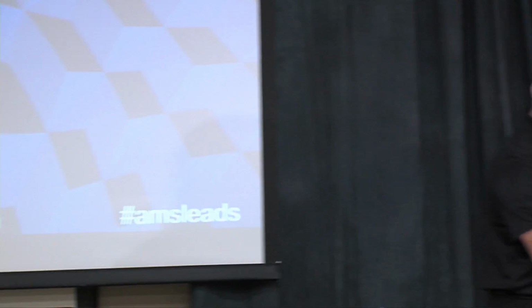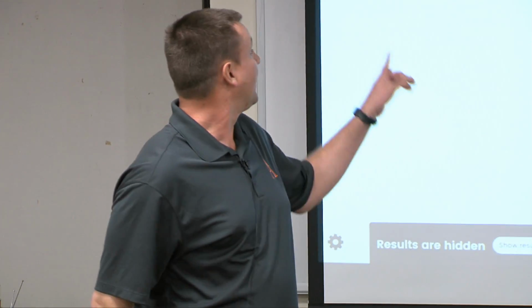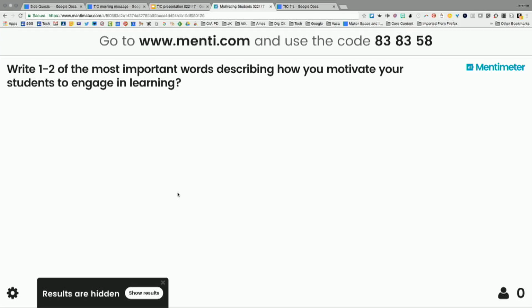Okay, 10 seconds. Let you finish up your thoughts. Switch to the other computer, please. Okay, if you would pick up your device and go to www.minty.com. When you get there, you'll enter a code, 838358.